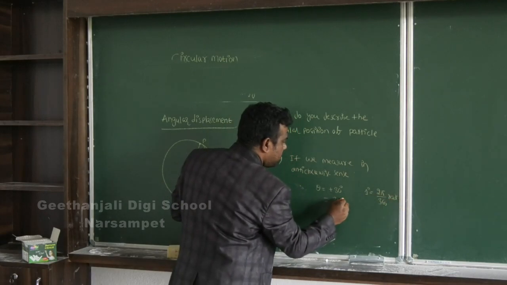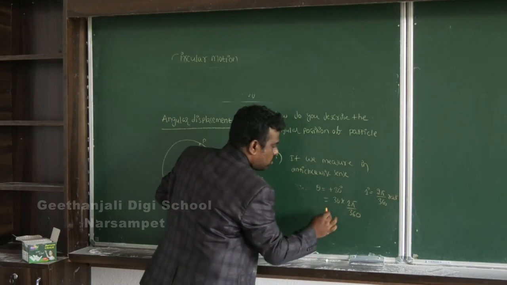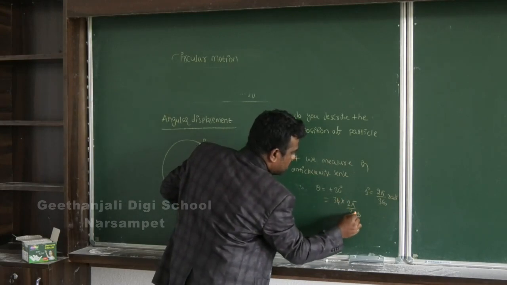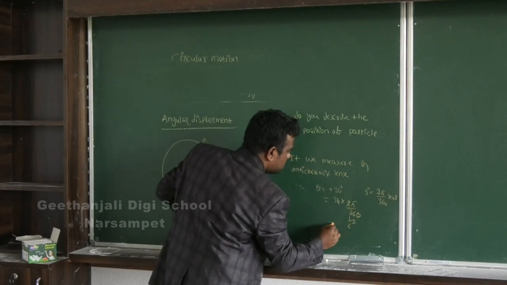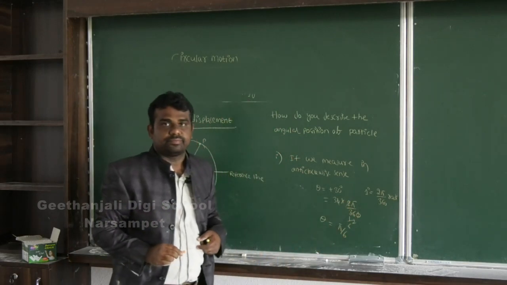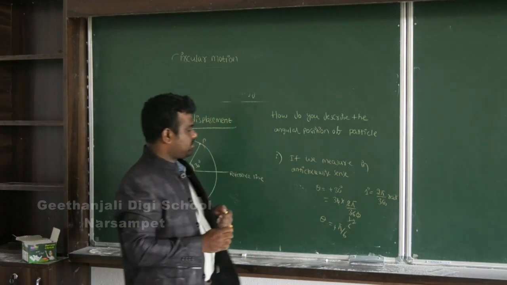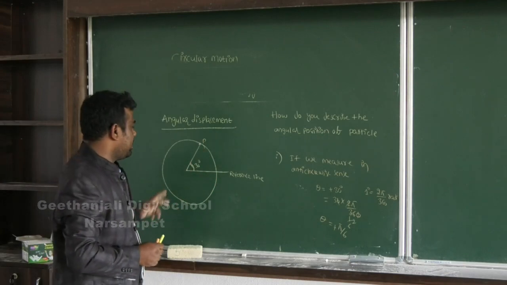That is 30 into 2 pi by 360. So what will be this? This is pi by 6. So this is plus pi by 6, because it is measured in the anti-clockwise sense.